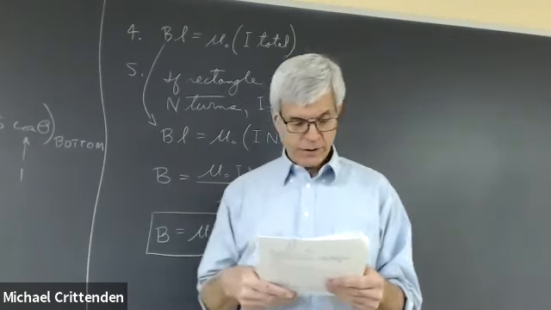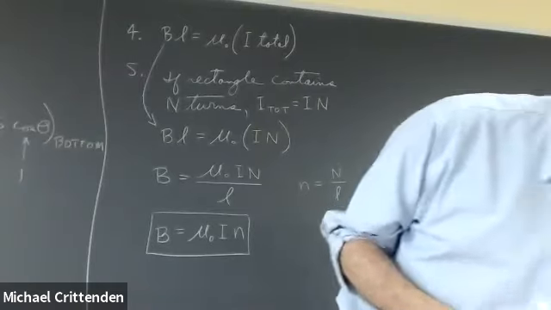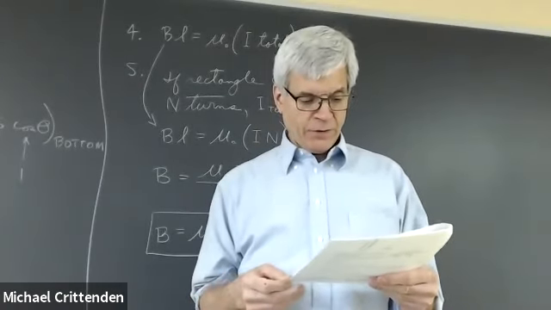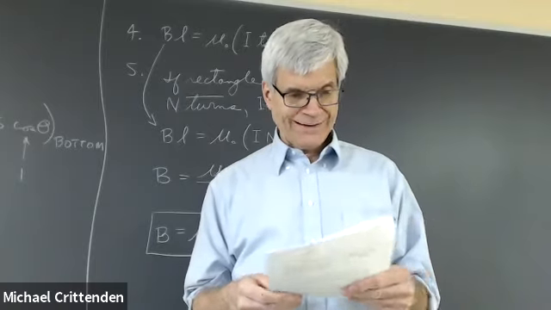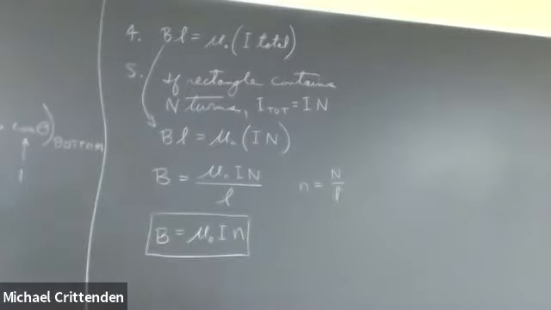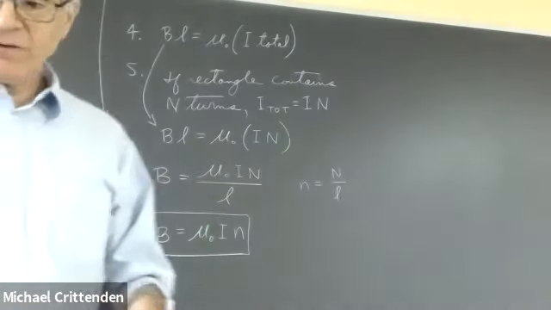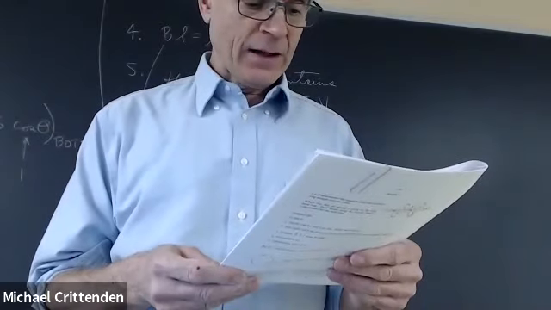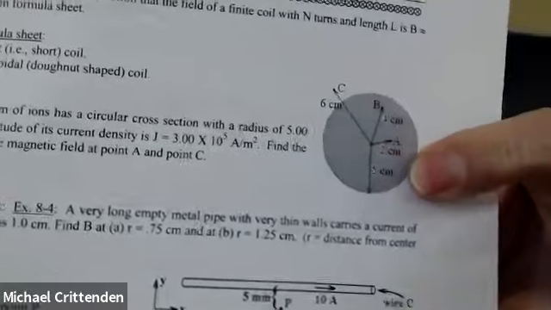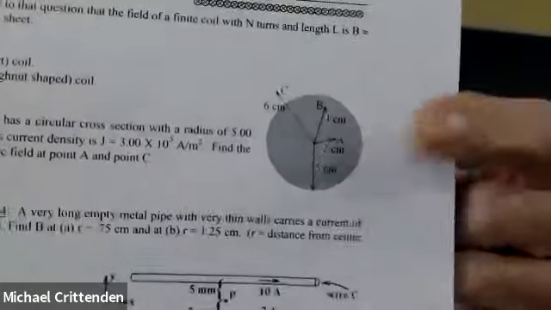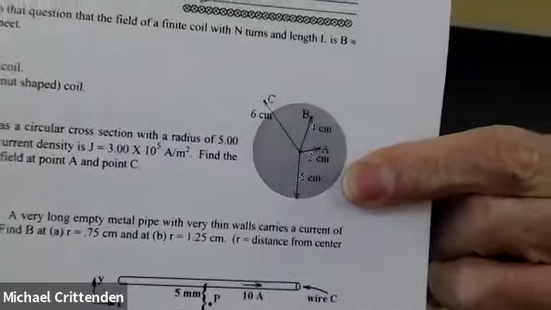For my next trick, looks like we're down to problem number 3. So something with some specific numbers in it this time. Students quite often like that better than some more general problem that's all full of letters. So you've got an ion beam, which is shooting right out of the page toward you.